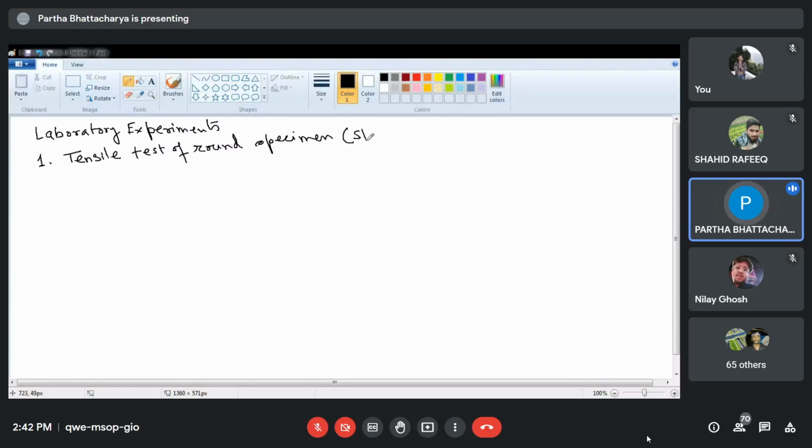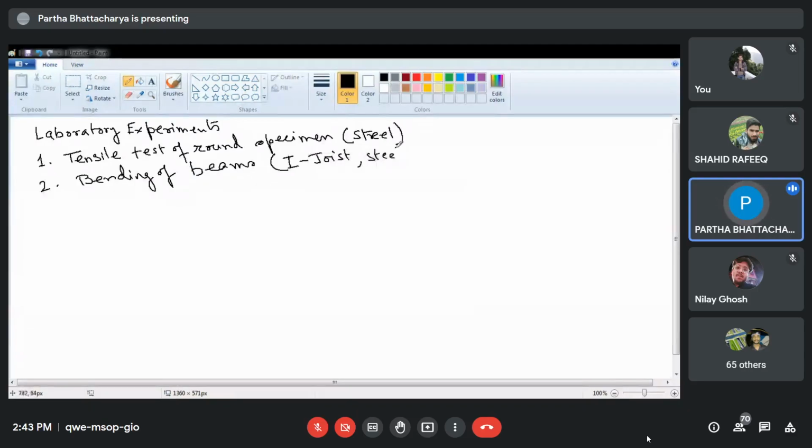This will be a steel specimen. Number two is bending of beams. This will basically be an I-joist. Again, this material is steel.